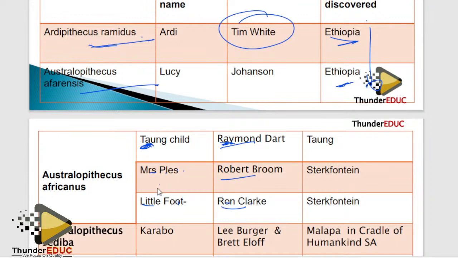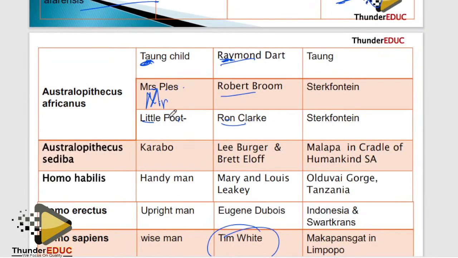The recent one is supposed to be Mr. Ples, but because of the books, when you are doing the discussion, they credited it as Mrs. Ples, and it is Mrs. Ples until we are told to update it. But we will not update it until they tell us to do so. So when you say Mrs. Ples, it's cool. When you say Mr. Ples, I think it's also cool because lastly, they credited it. Yes. So think about it.